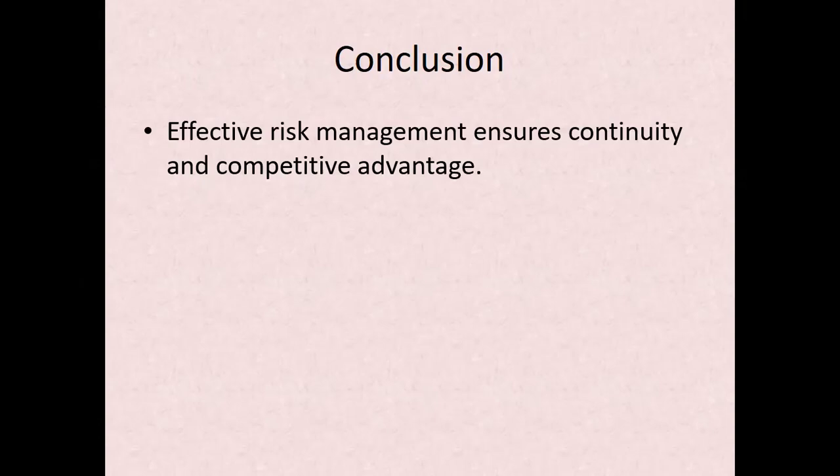Organizations have to plan more effectively by identifying, assessing, and mitigating risk. Those that do so are better positioned to ensure continuity and achieve competitive advantage. Building resilience is not a one-time effort. It is an ongoing strategic process.